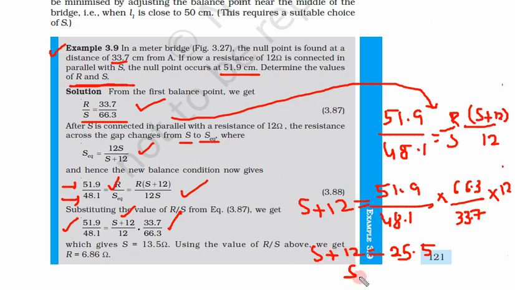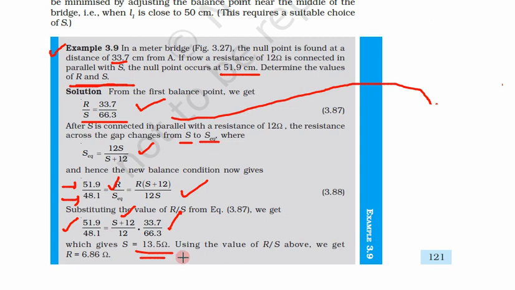Now what is S? S is equal to simply 25.5 minus 12, that is 13.5. So S is 13.5 ohm. Now we know the value of S, and we know the value of R by S. So from this first equation, S is 13.5 ohm.